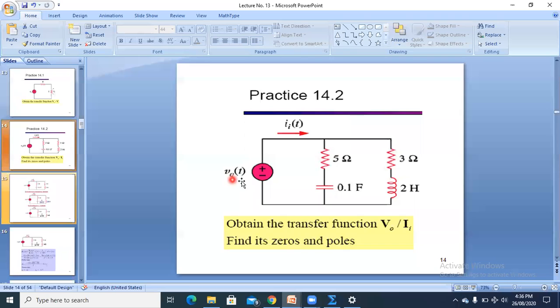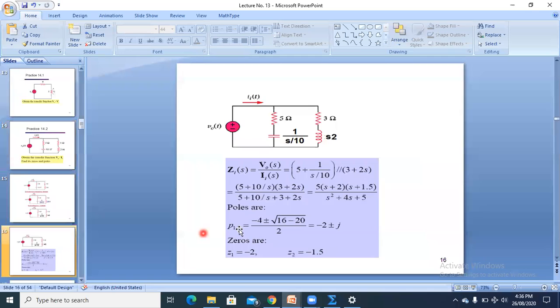Here it is the input voltage and the input current, and we can find the poles by solving this polynomial and finding the roots. So when we solve this polynomial, we can find the pole locations. So we have 2 poles and 2 zeros by solving the second-order polynomial.